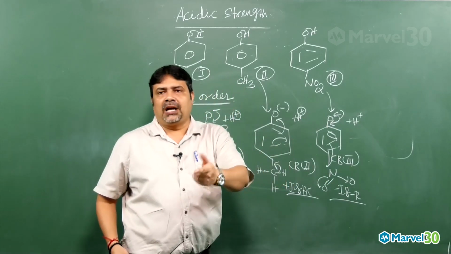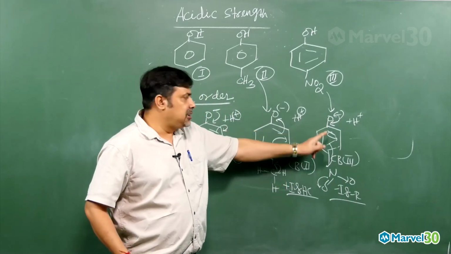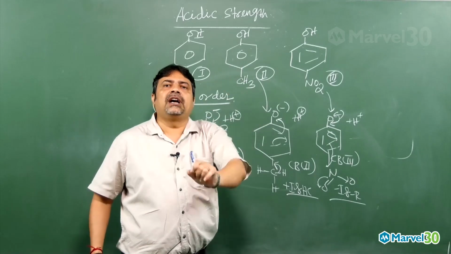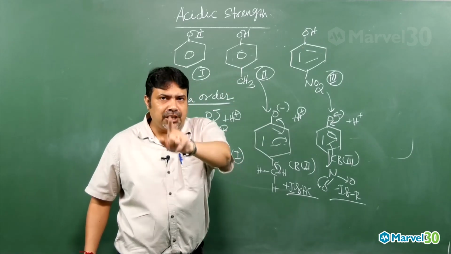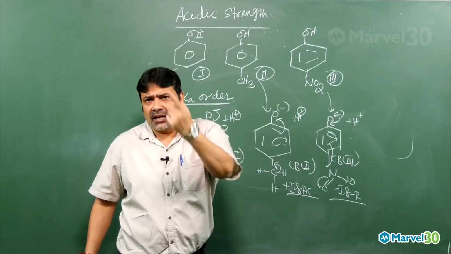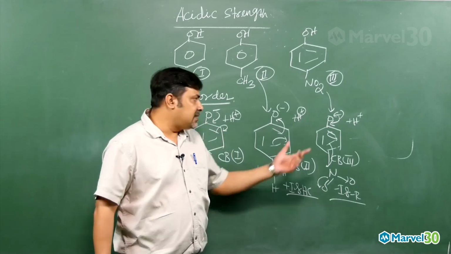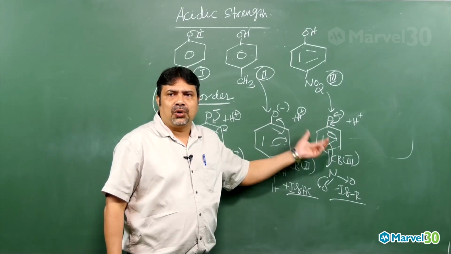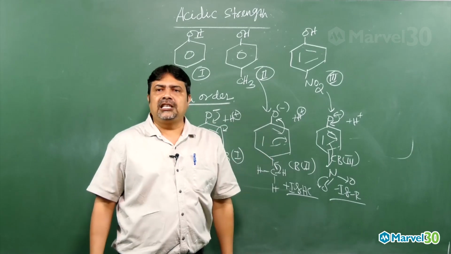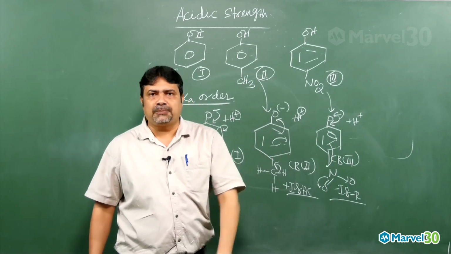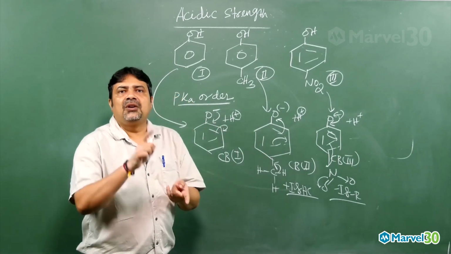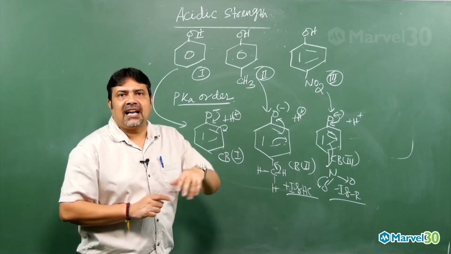Because of this, the para-nitrophenoxide ion will be highly stable, and the more stable the conjugate base, the stronger the corresponding acid. It can easily lose the H plus, so the acidity will be more.